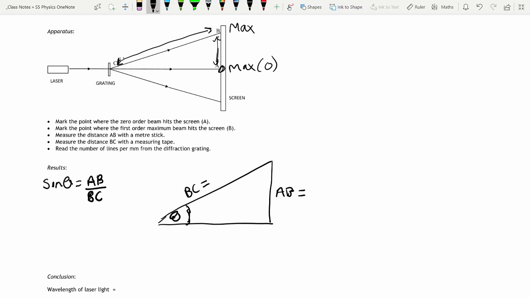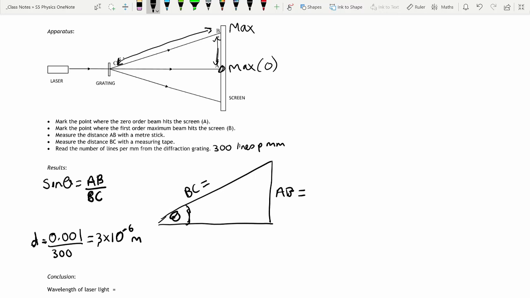Your number of lines per millimeter from the diffraction grating would say, for example, 300 lines per millimeter. To find your distance between the slits, you'd do 1 millimeter divided by 300, so your distance between slits would be 3 times 10 to the minus 6 meters.